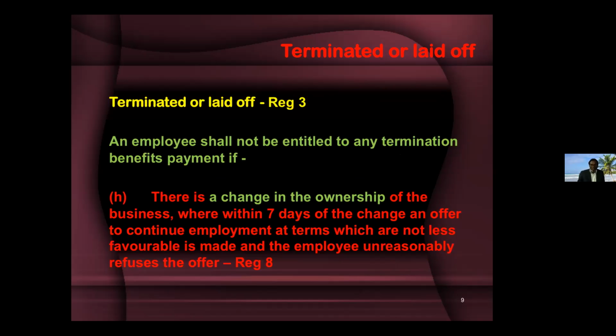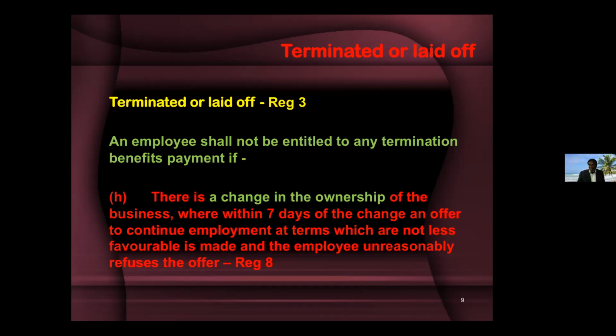An employee shall not be entitled to any termination benefits if there's a change of ownership of the business. So there must be a sale and purchase agreement at least. Within 7 days of the sale and purchase agreement of the change of ownership, an offer to continue employment is made by the future employer.